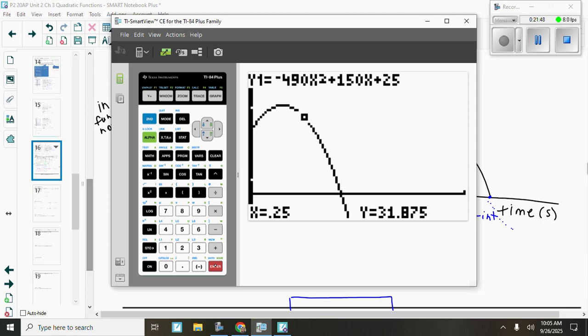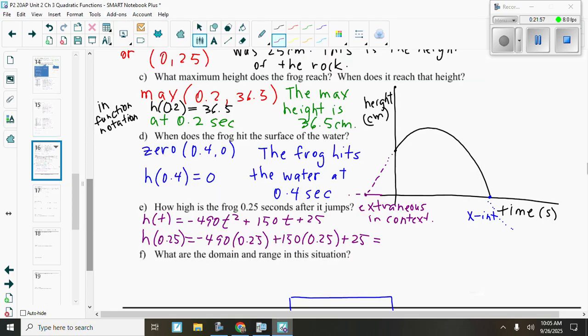Our y value, or our height, is 31.9 with rounding. And then we just write our sentence: at 0.25 seconds, the frog is at 31.9 meters high.